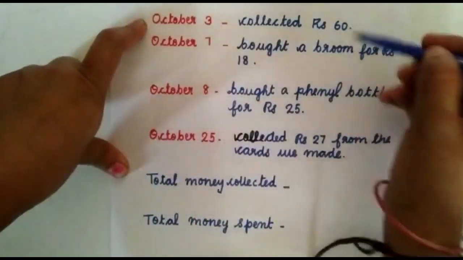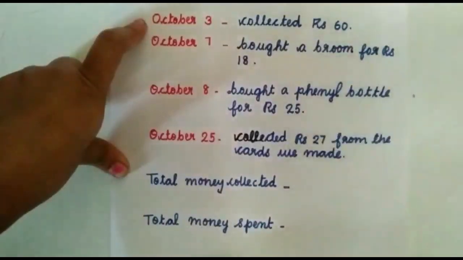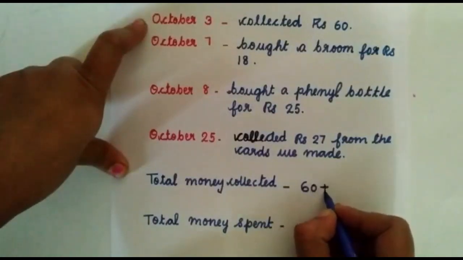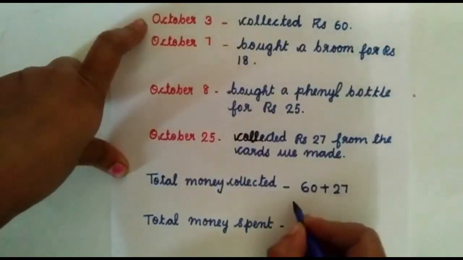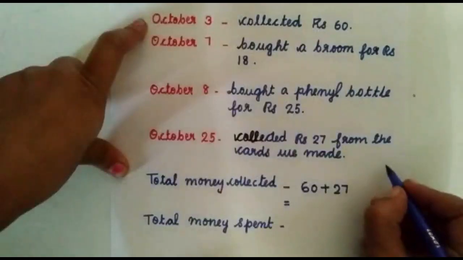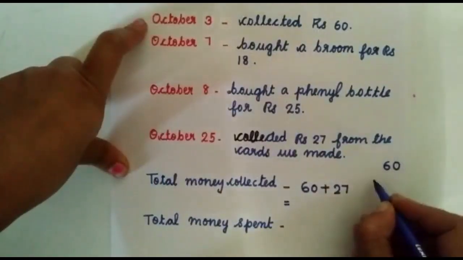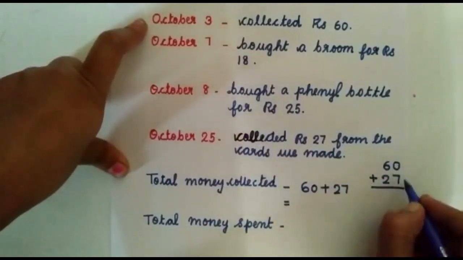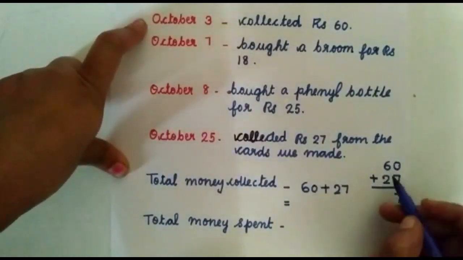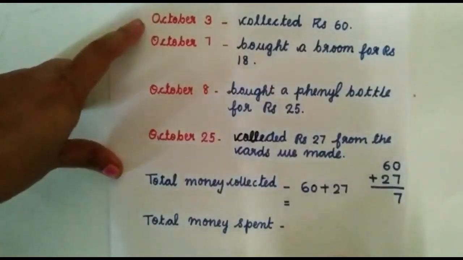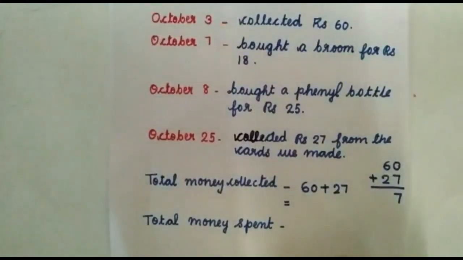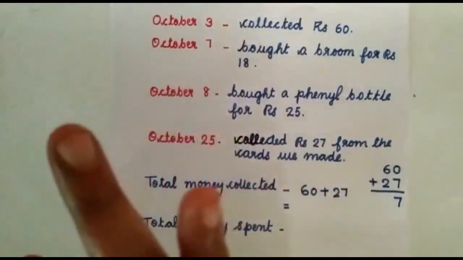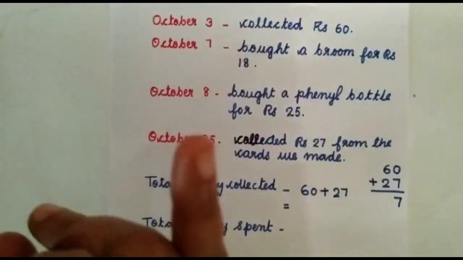So we have to add these two, 60 and 27. 60 plus 27. 0 plus 7 is 7. 6 plus 2: keep 6 in your mind and 2 in your hand. 6, after that 7, 8.